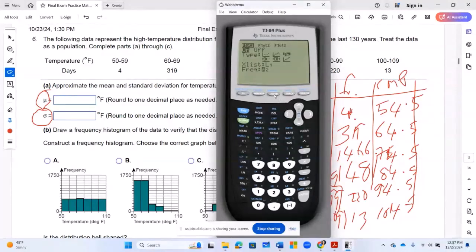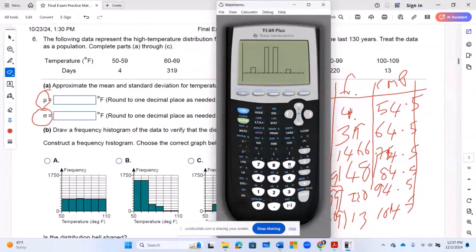When I try to zoom 9, I see this error, so I will second quit. Then I'll zoom 9 again on the main screen. Remember, I'm told to draw a histogram. What I'm seeing here on my calculator is not a histogram, it's a bar graph.